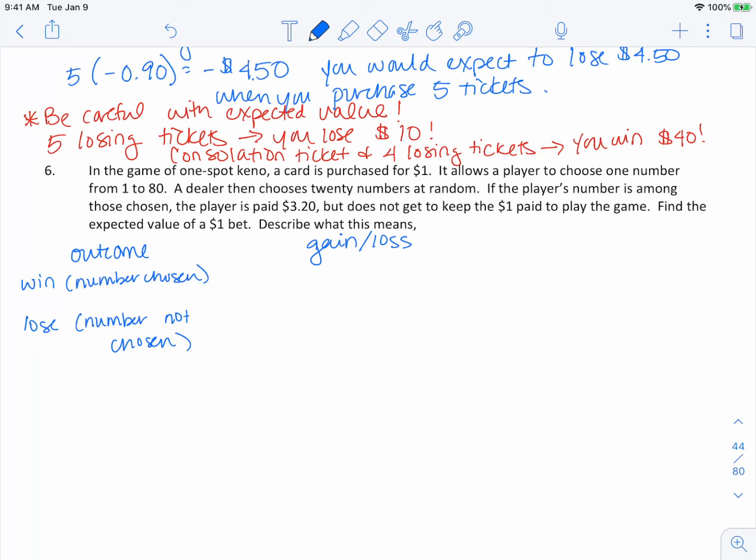So if you win, we're going to gain $2.20, right? Because the player is paid $3.20, but they do not get to keep the dollar paid to play. So it's actually a gain of $2.20. And if you lose, that's the dollar you paid to play. Here's our probability.